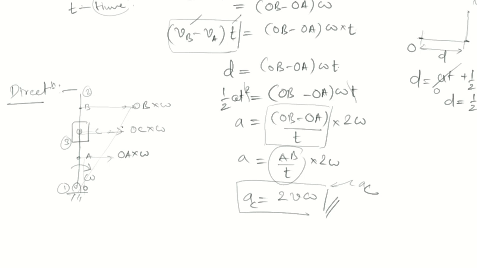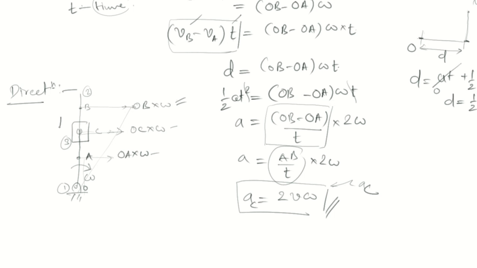It's very clear that the velocity at point B is higher than at point C and at point A as well.